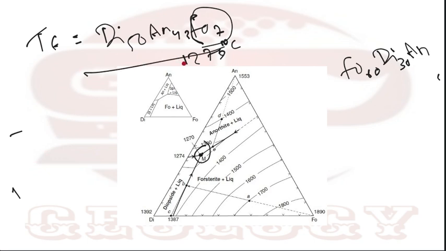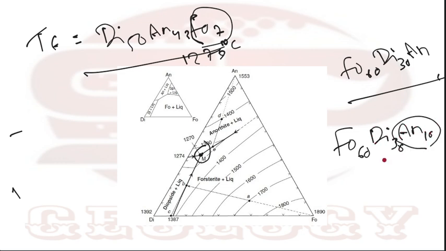No, this is the eutectic composition. So the solid composition is phosphorite 60, diopside 30, and anorthite 10. So anorthite 10 will be consumed first.